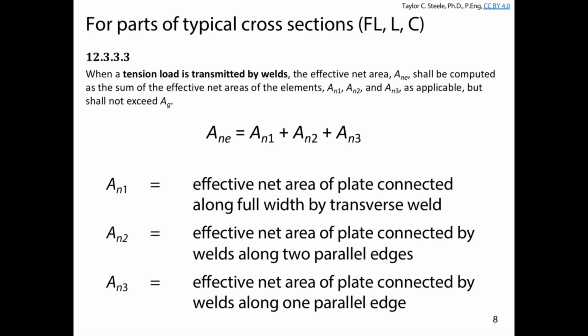Basically what it tells us is we take the net effective area for welded members, which are usually flat bars, angles, and channels for the most part, and we add together the different net effective areas based on how those different components are connected to the gusset plate. Basically what it's telling us here is if we have part of the plate that is welded along the full width by transverse weld, we're going to get the net effective area associated with that, and that's going to be 100% of that component.